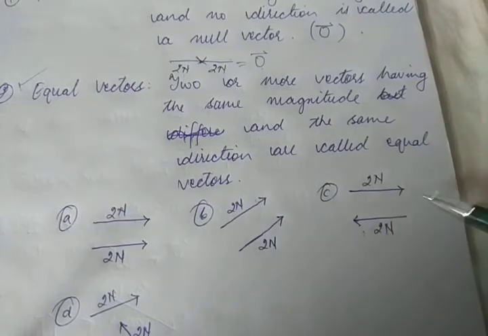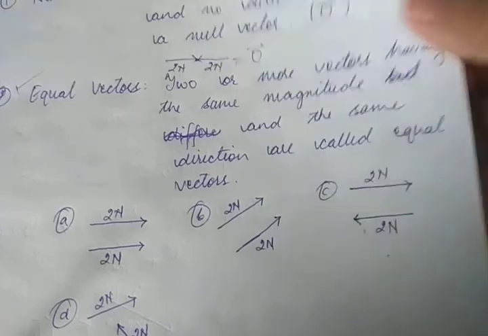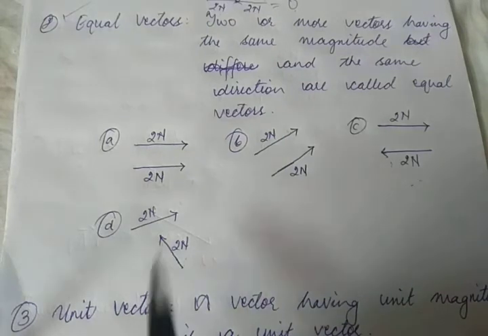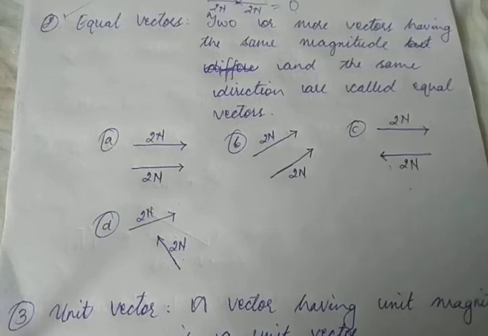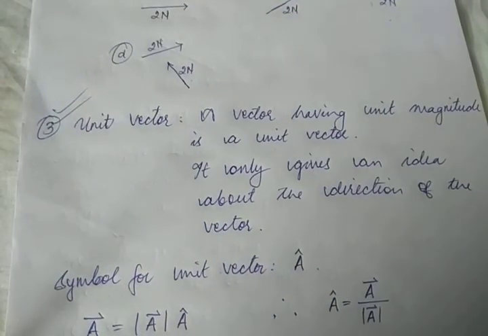So these two are not equal vectors; although they have the same magnitude, they have opposite directions. They have different directions, so they are not equal vectors. Likewise, these two vectors, although they have the same magnitude, have different directions, so they are not equal vectors.